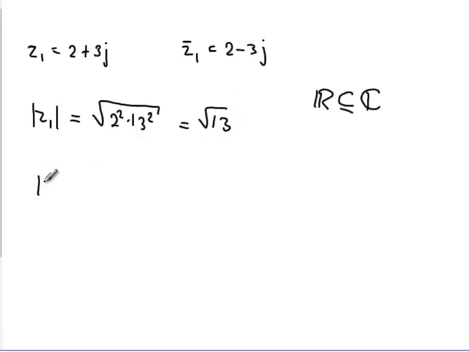Now, what's the absolute value of z1 squared? 13. Okay. So please, I would like you now to multiply z1 by z1 bar. Can you please do that?